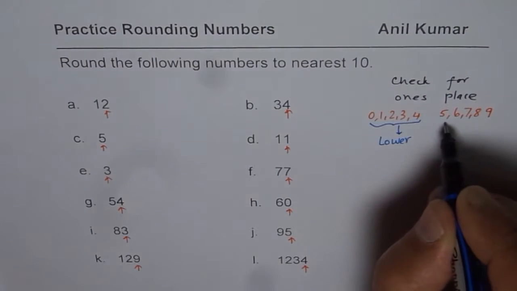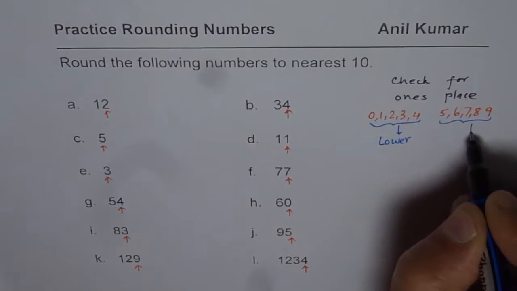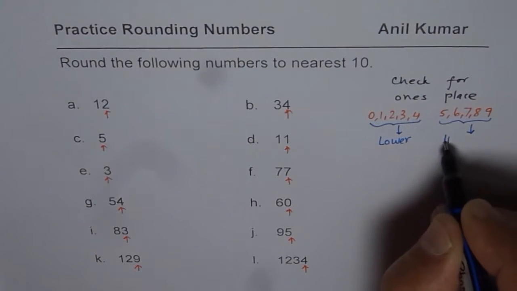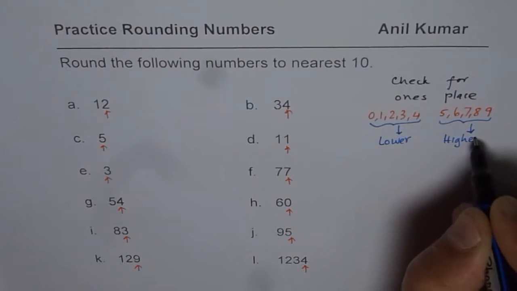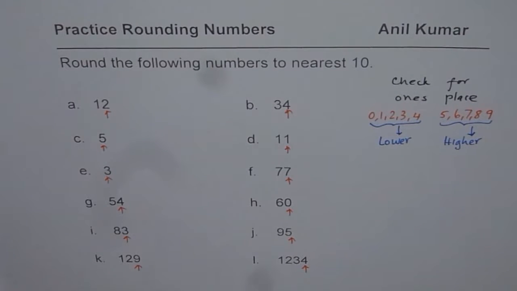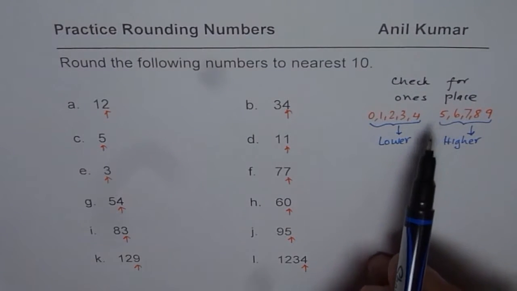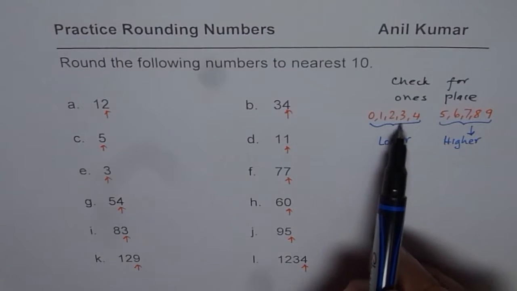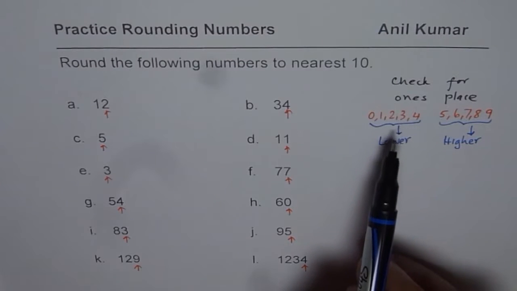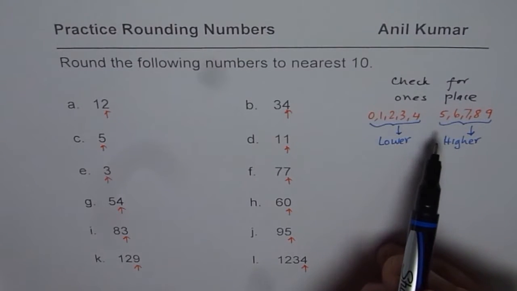And if it is between 5 to 9, then you have to round higher. That is to say, after rounding, the number increases if the ones place is 5 or more, and the number decreases if the ones place is 4 or less than 5. Correct. So let's see what it really means.